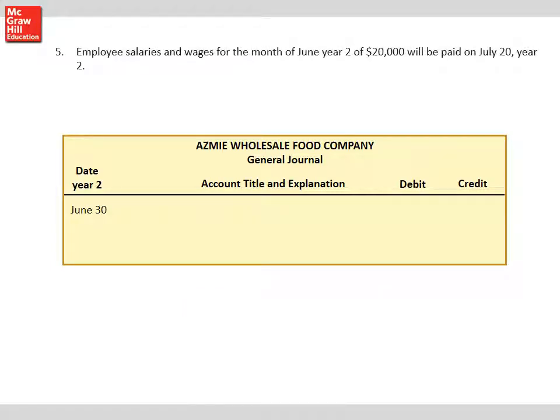And finally, employee salaries and wages for the month of June, year 2, of 20,000 will be paid after the year end. It'll be paid July 20th. So we want to debit salary and wage expense for the full 20,000 and credit salaries and wages payable for 20,000, an accrued expense. The expense is incurred just like the interest. It isn't paid yet. We still have to record it as an expense and show it as a liability.